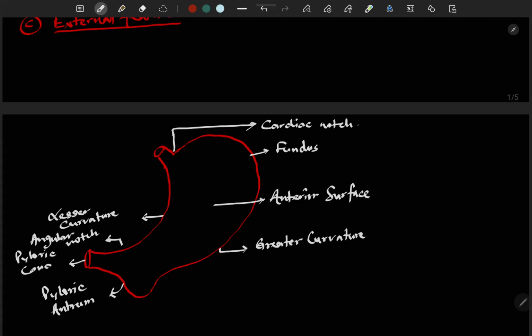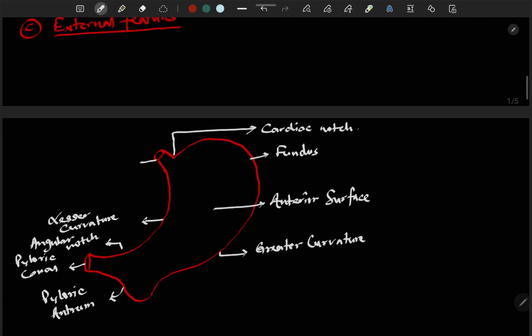Pyloric canal. Next, this is the cardiac orifice.